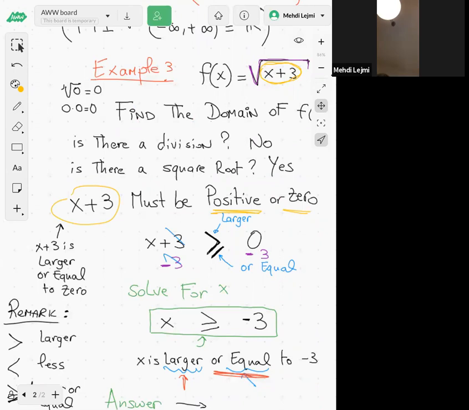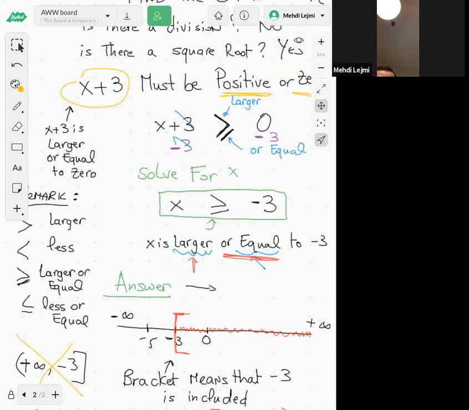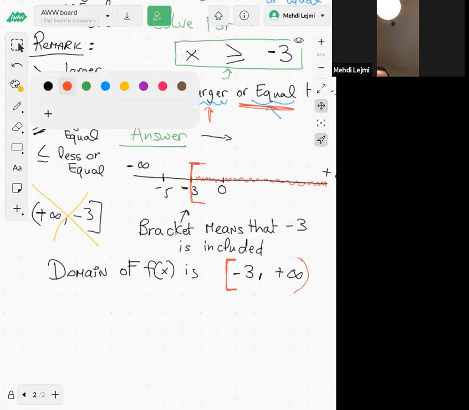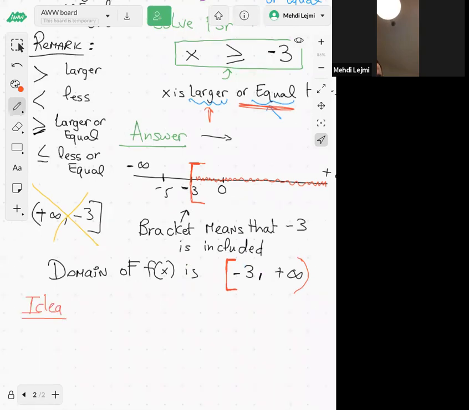So the idea, guys, this is like a summary. If you have a division, then you have to solve the denominator equal to 0.